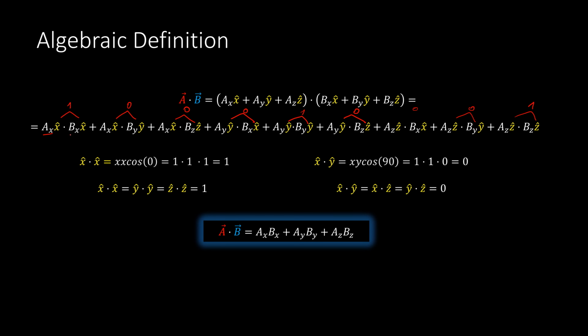So we are adding only those terms where the scalar product is 1. And that is how we get the final expression for the scalar product.